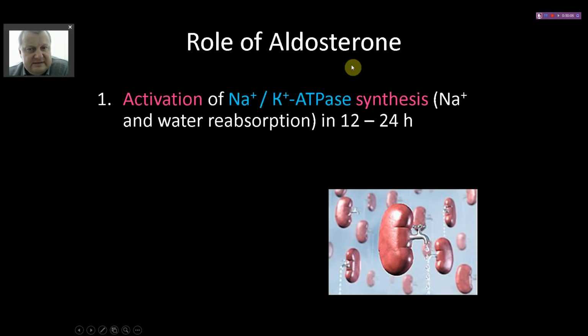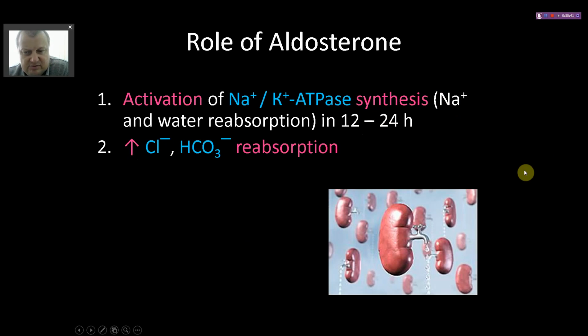The role of this hormone is the activation of the sodium-potassium ATPase synthesis, the special enzyme, the special mineral pump, and the result of this activation is the sodium and water reabsorption in approximately 12 to 24 hours. Again, it stimulates the chloride and hydrocarbonate reabsorption in kidneys.